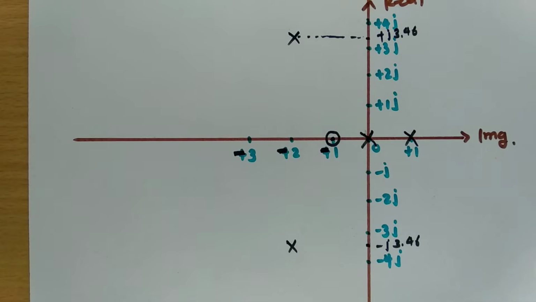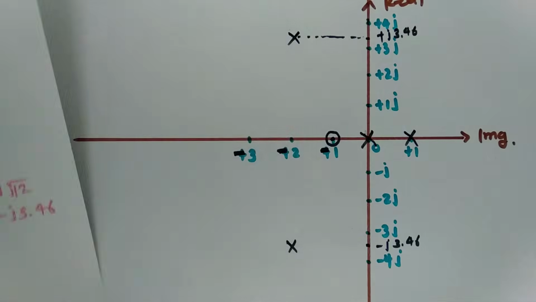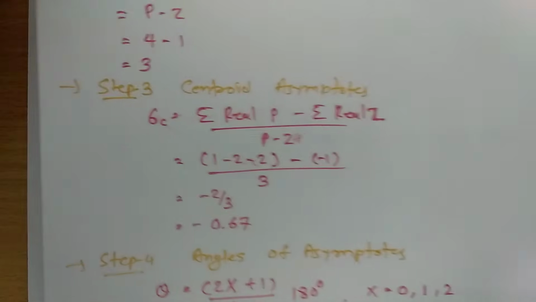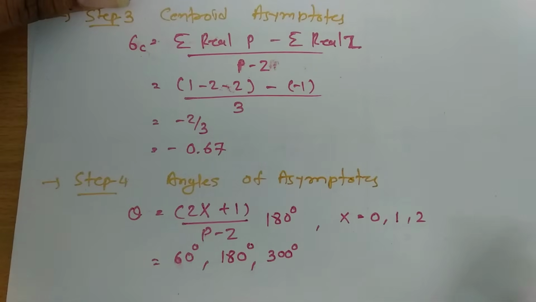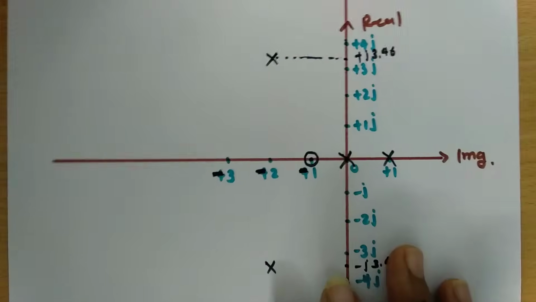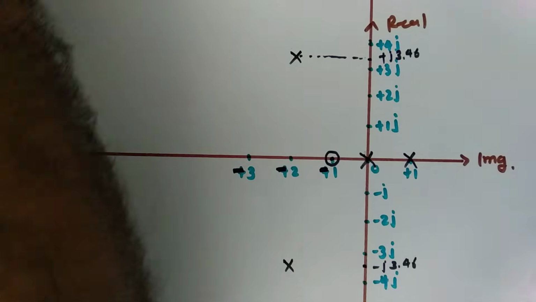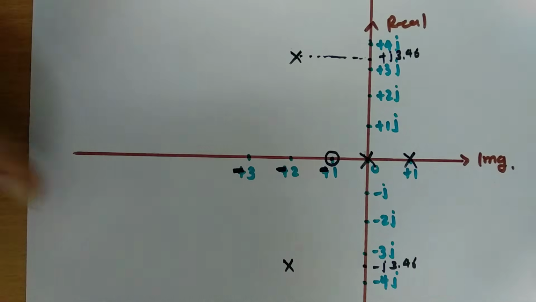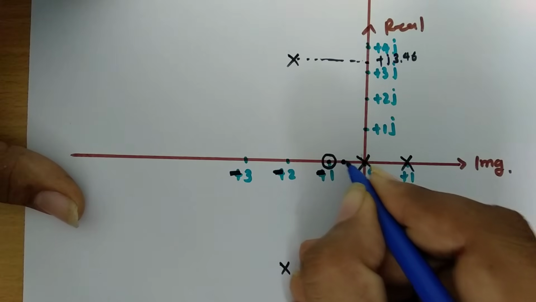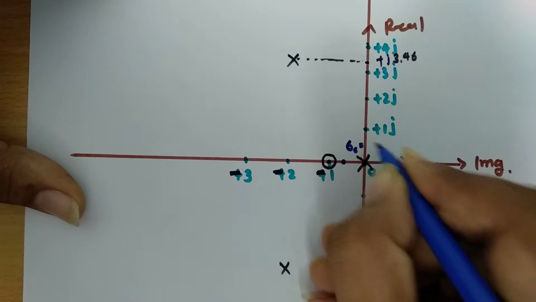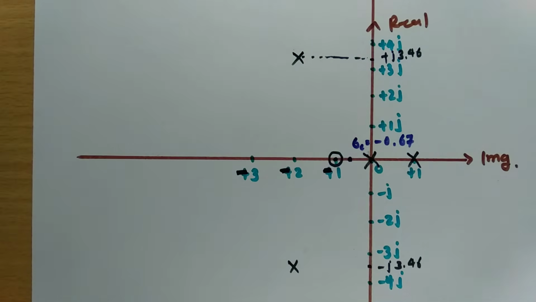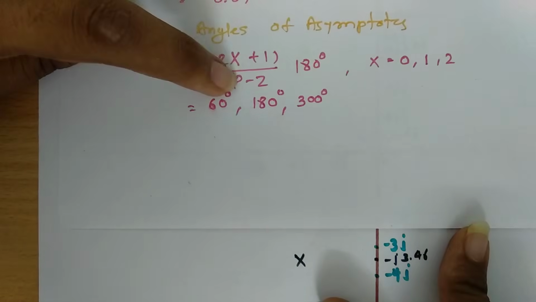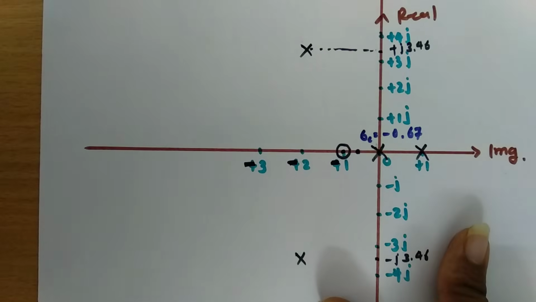Now over here we have calculated the asymptote data. There are 3 asymptotes, with the centroid at minus 0.67. So the centroid of the asymptotes, sigma c, is equal to minus 0.67, and the angles of the asymptotes are 60, 180 and 300.